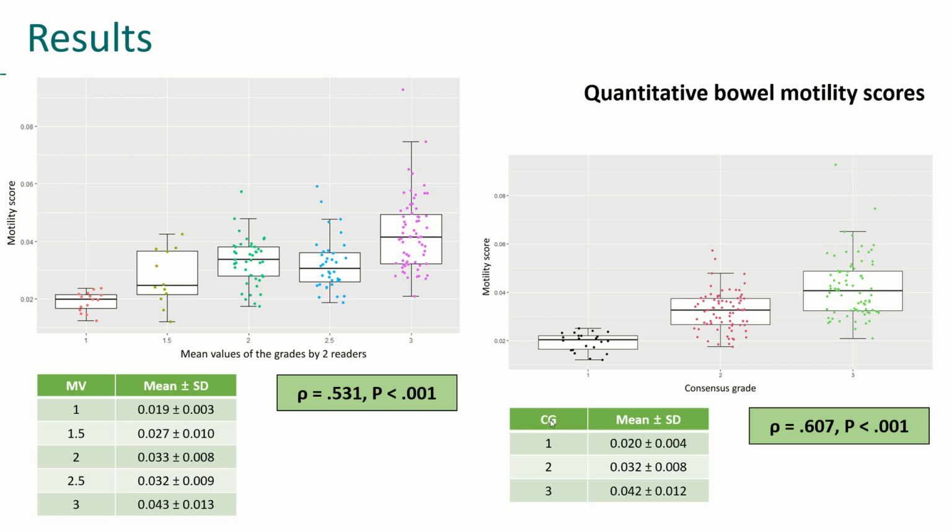Based on the CC as a reference standard, mean of motility score was 0.020 in grade 1, 0.032 in grade 2, and 0.042 in grade 3. Both MV and CC demonstrated a significantly positive correlation with quantitative motility score.